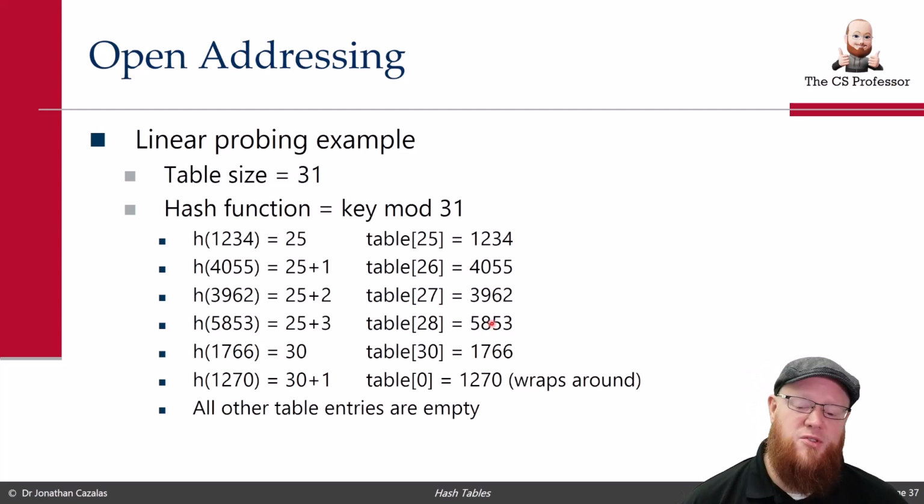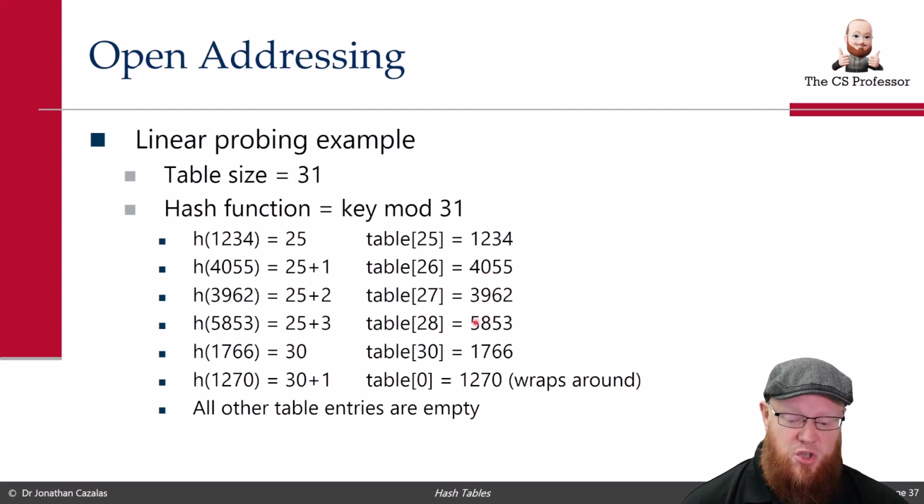One more time. What if I was looking for some other number, not these four numbers, but some other number, let's just call it 5555. Just pretend that number hashes to index 25. How would that work? We'd say, hey, index 25, are you 5555? No. Index 26, are you 5555? No. Index 27, do you have something?